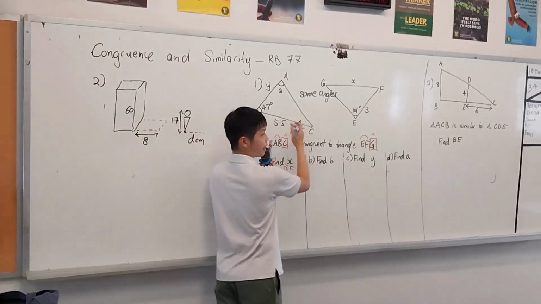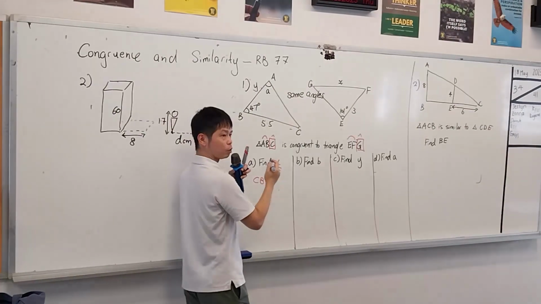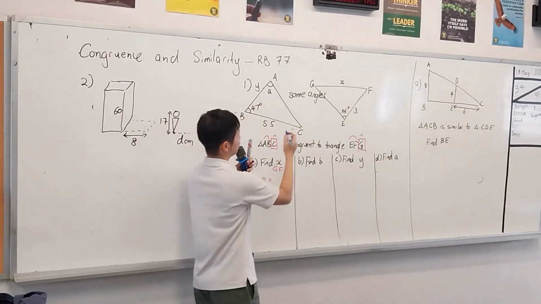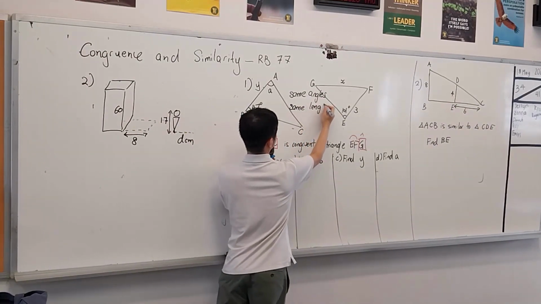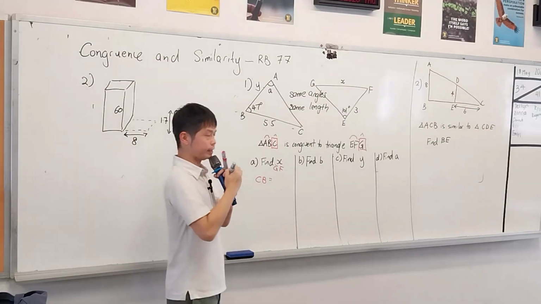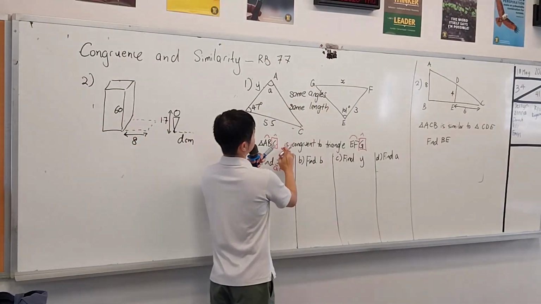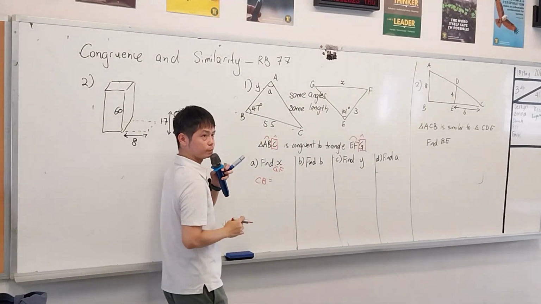Now, what about the length, if they are congruent? Congruent is still the same length. All the corresponding lengths are the same. Now, how do we apply this? The value of X here is the same as which length?